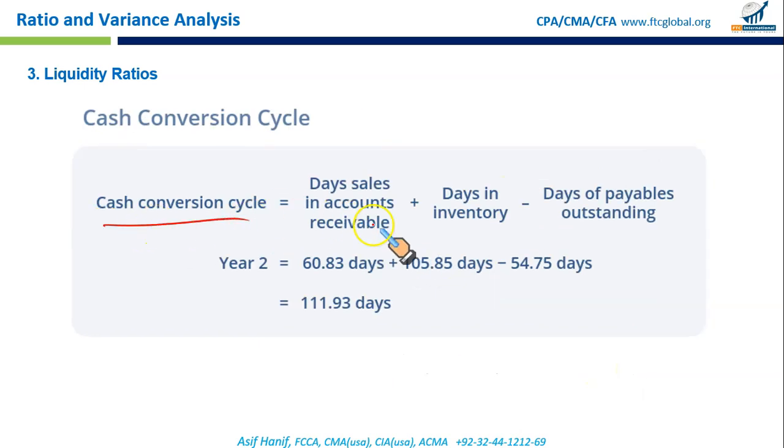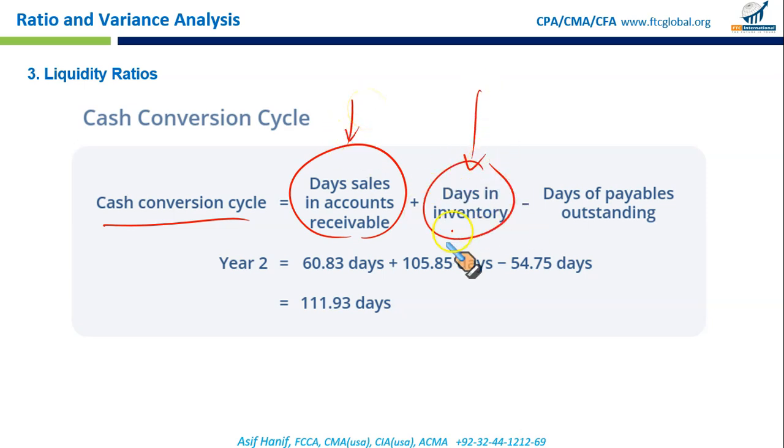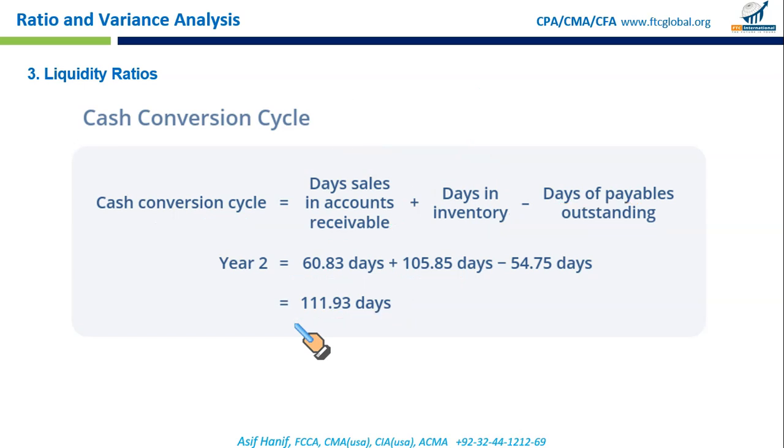So your cash conversion cycle is your days sales in account receivable, also called average collection period, plus inventory turnover in days, and from this you deduct days of payable outstanding or average payment period. This gives you the cash conversion cycle. Ideally, we would like to have it as little as possible. So your days sales should be as low as possible, days in inventory as low as possible, and your days of payables outstanding should be as large as possible, so as to have as small a number as possible for our cash conversion cycle.